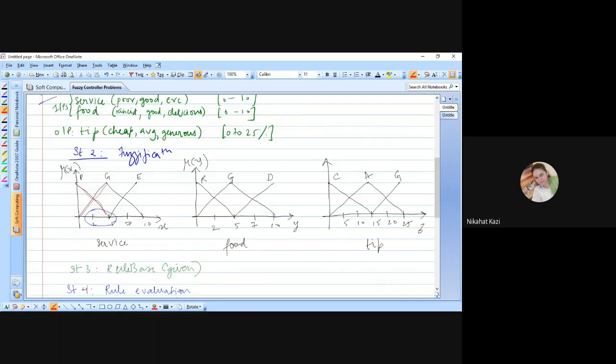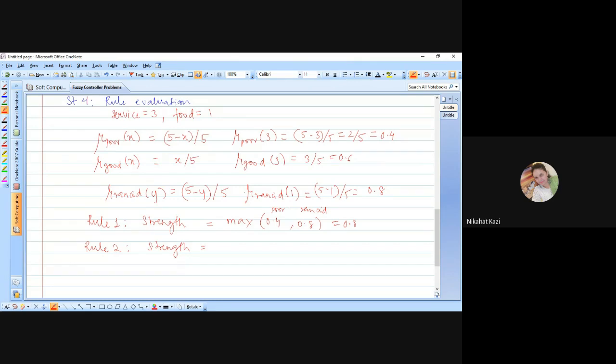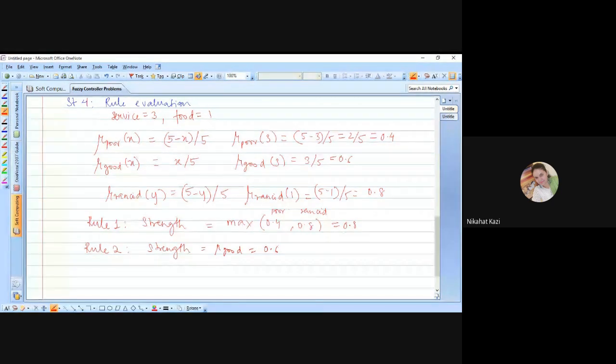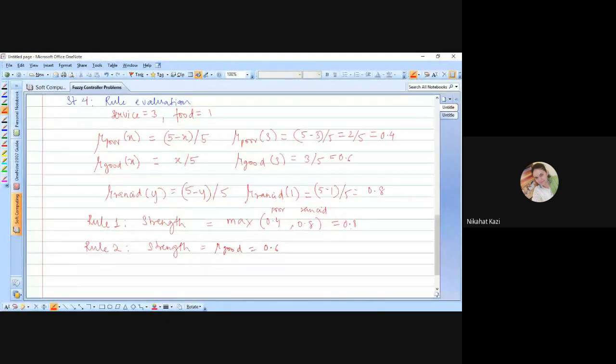So what is that? That is directly given. Service is good, right? That is 0.6. Okay. So these two rules are firing with strength 0.8 and 0.6 respectively. Now what you need to do? What is the next step? Defuzzification. Next step is defuzzification.